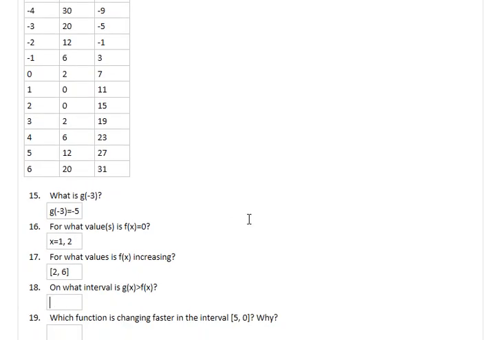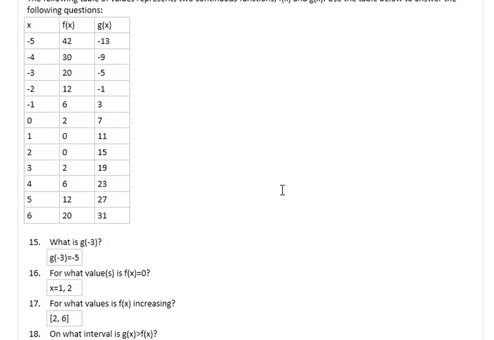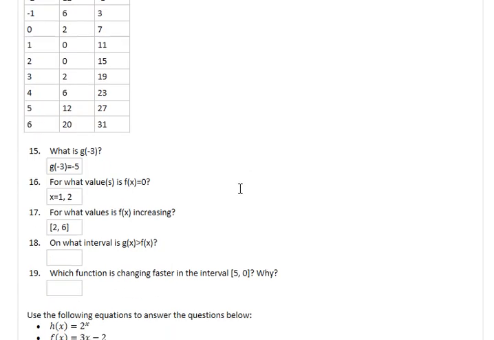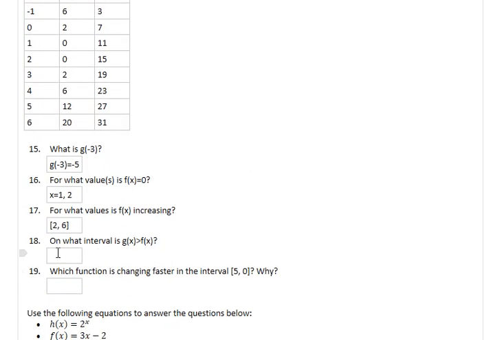On what interval is g of x greater than f of x? So we're going to be comparing. Let's see. No, no, no, no, no, yes. So from 0 to 6 looks like is where that happens.